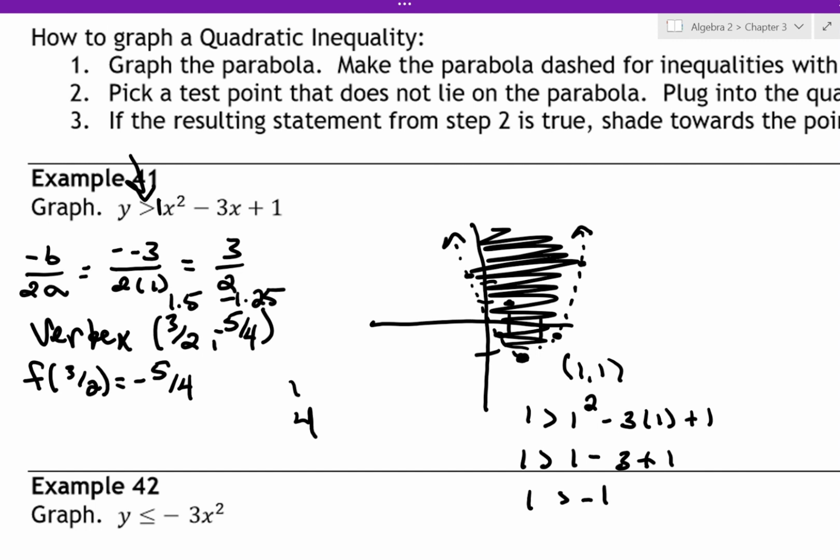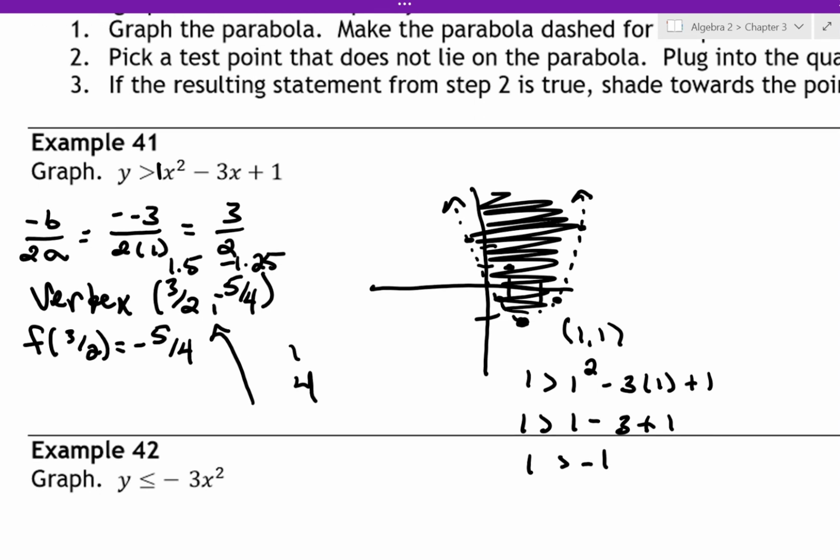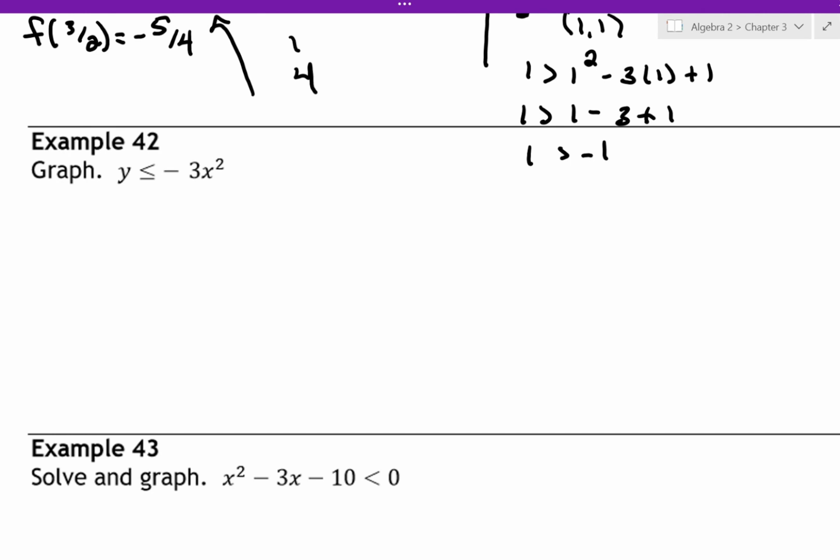That's example, what was this, 41. Now 41, that one was kind of hard because we got this fractional vertex there. 42 is going to be quite a bit easier here. First off, it's not in standard form. It's in, well, I guess vertex form. The vertex is going to be at 0, 0.